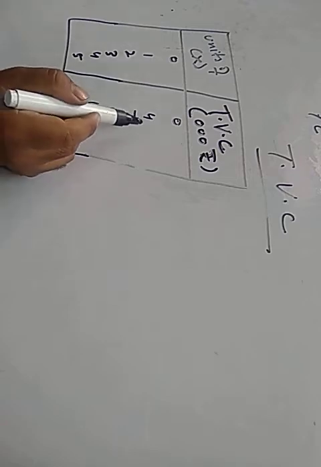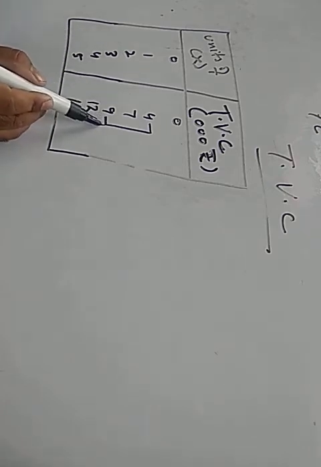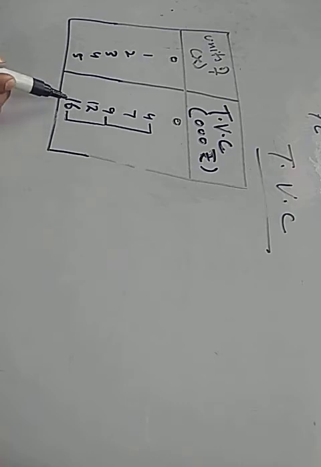In this table you will find that this total variable cost initially has increased at decreasing rate. It increased, but at decreasing rate. Thereafter, at a particular level of output, it still increases but at increasing rate.